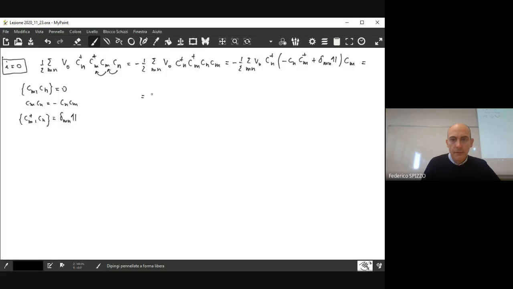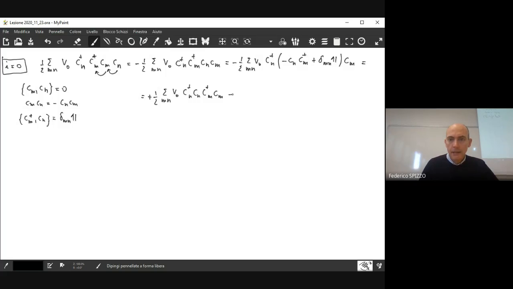So, with the two minus signs, we have plus 1/2 sum over m and n of V0 C cross n Cn C cross m Cm.